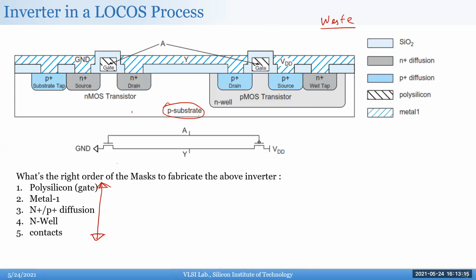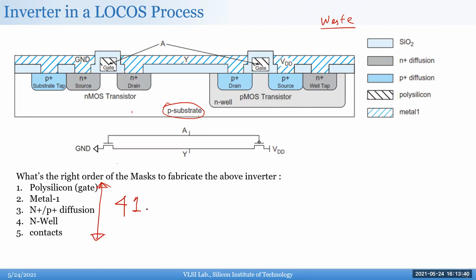Okay, so let's see. What's 4 is N-well, so everyone got that right. And then 3 is N plus diffusion. Okay, some people changed it back. So after the N plus, what is it? There are obviously other steps, but I told you to just show me these 4 steps. It is the polysilicon, right?